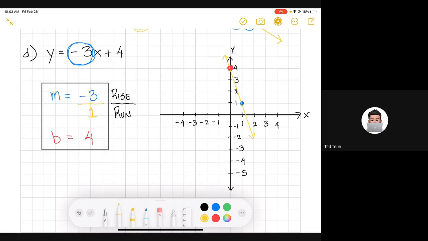Step three, from your y-intercept, you're going to count the rise, whether it be up or down. And then you're going to run to the right and put a second dot where that is. And then step 4, you're going to draw a line through both dots with arrows on the ends of that line. And that is how you graph a linear equation.